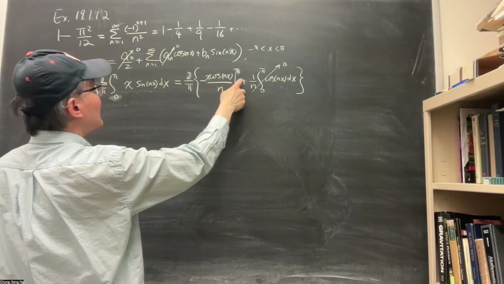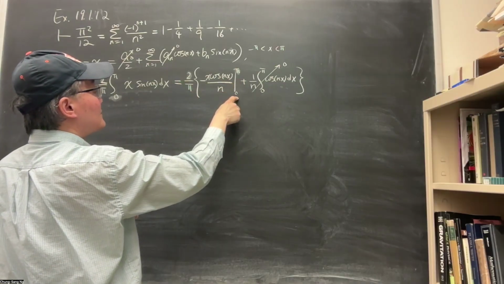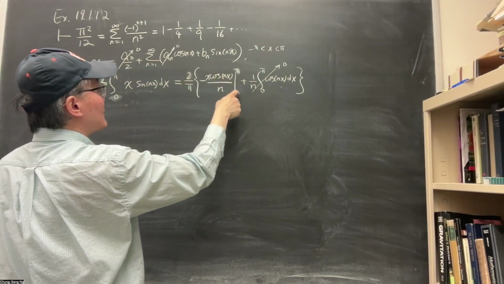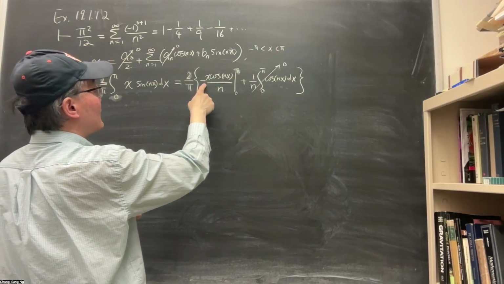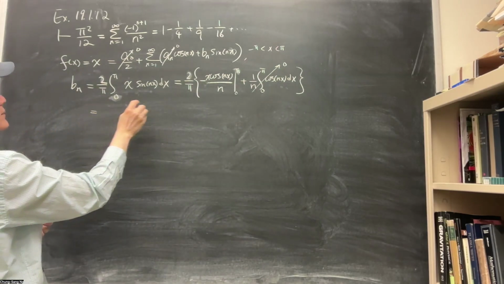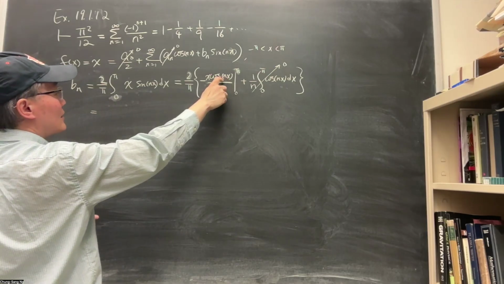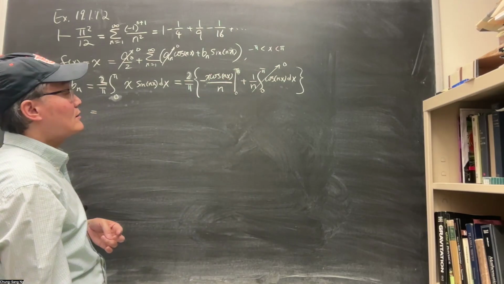For the first term, evaluating at 0 gives 0 because you have an x. Evaluating at pi, you have cosine n pi, which is minus 1 to the power n.